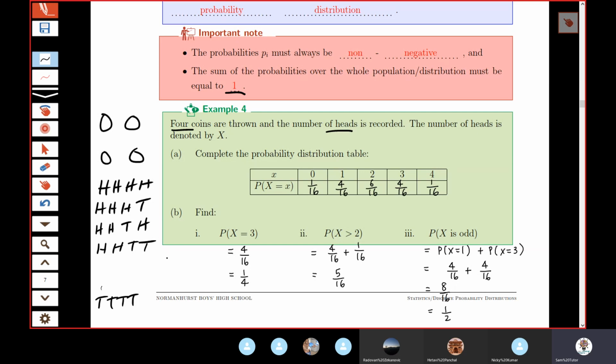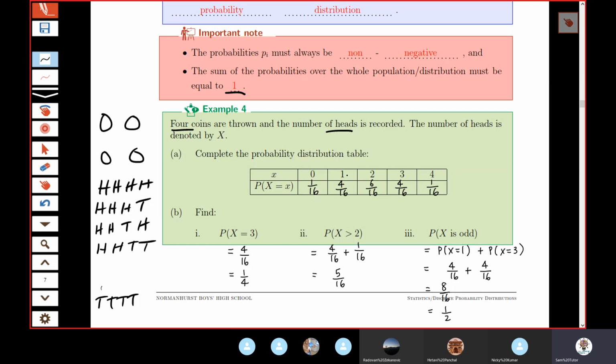So that's 1 out of 16, or half times half times half times half. You need to work that out. Does that make sense firstly? Because generally this table is worth about 3 or 4 marks. Does that make sense?